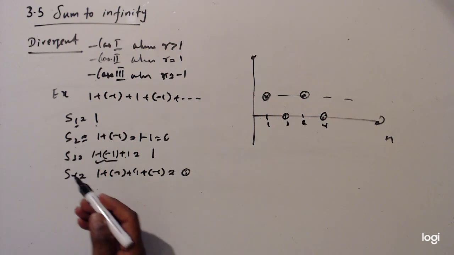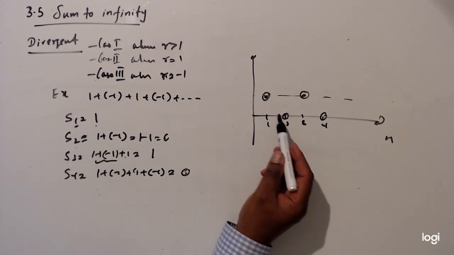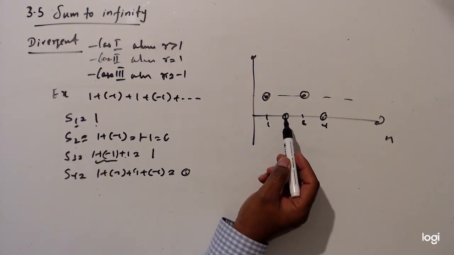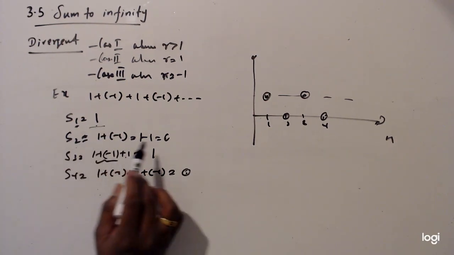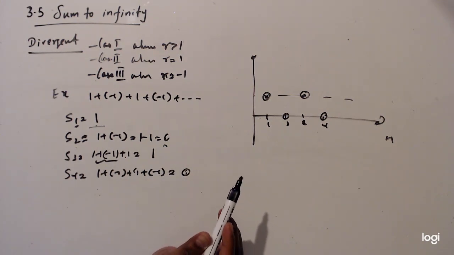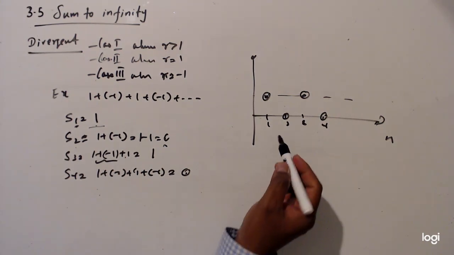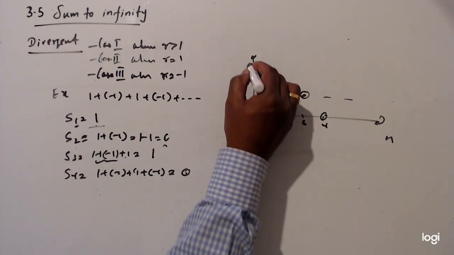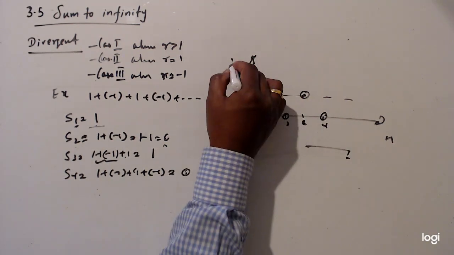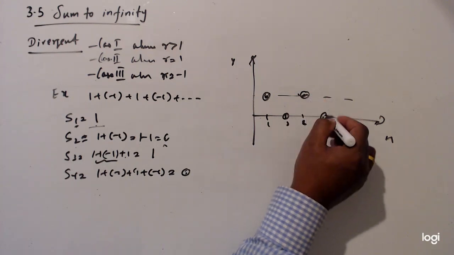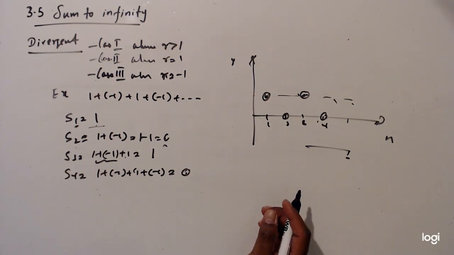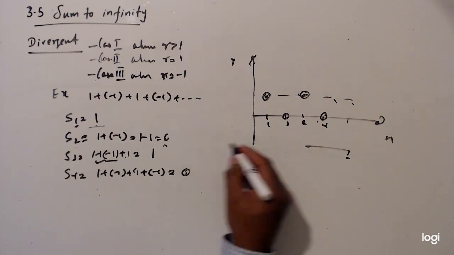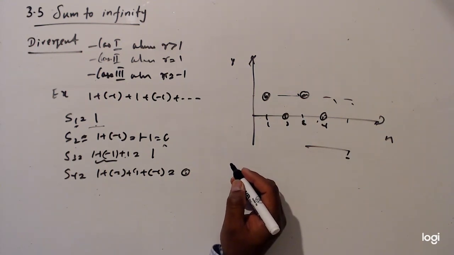Basically, it has two values, 0 and 1, but it doesn't have a permanent value, because if it is an odd number it is 1, the even is 0. So when n goes to infinity, Sn is bouncing between 0 and 1, and since there is no definite value, the graph doesn't have a limiting value.